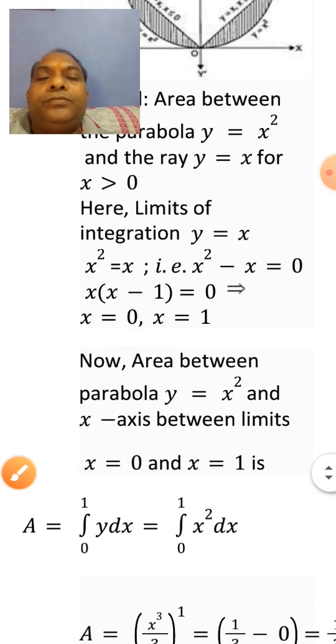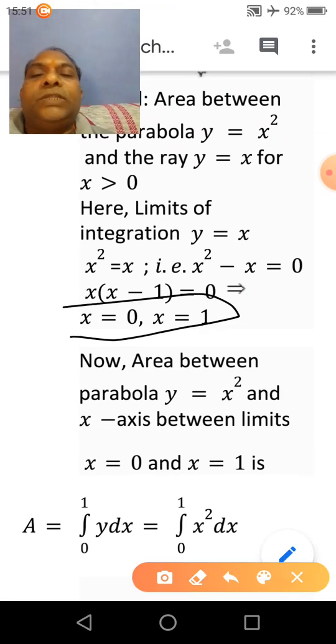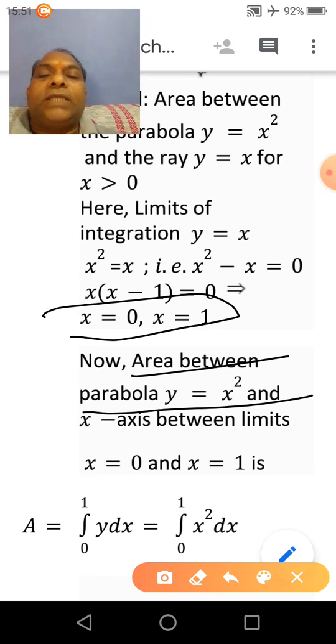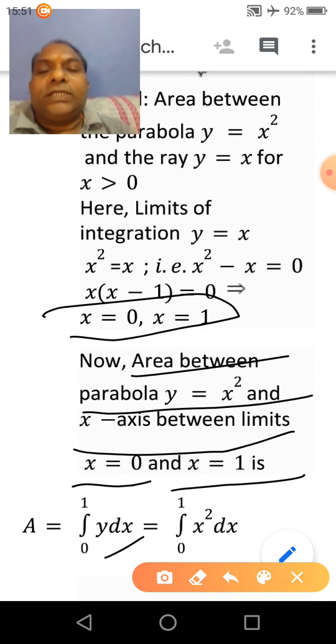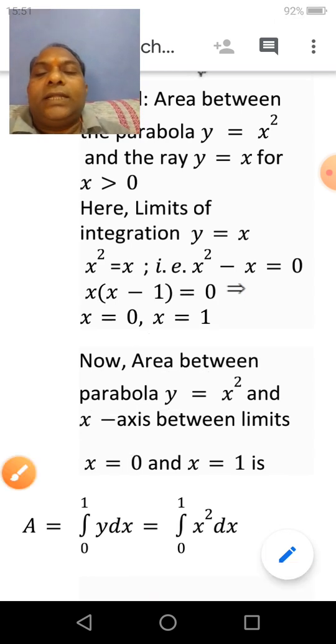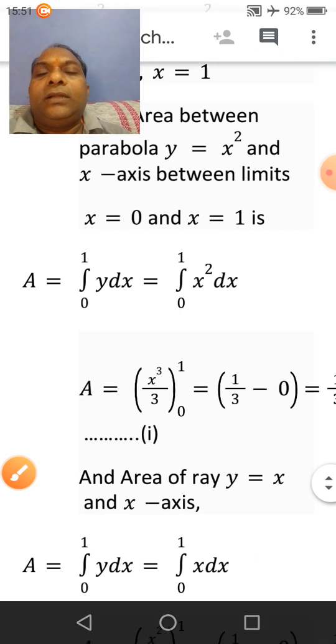Clear? The area between the parabola y is equal to x square and the x axis between the limits x is equal to 0 and x is equal to 1 is integration 0 to 1 of y dx. Put the value of y from the equation of the curve y is equal to x square, then integrate and apply the limit.